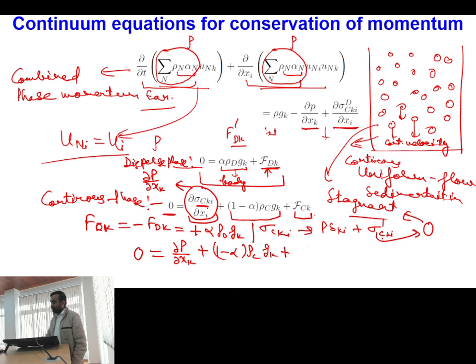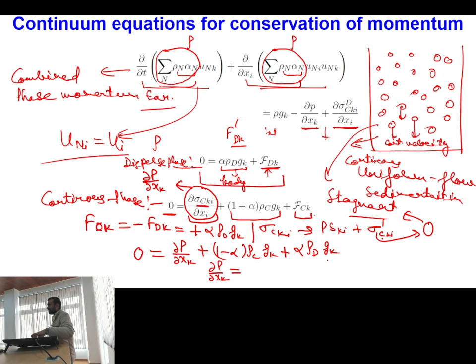So in place of F_CK, I can write alpha times rho D into g. Ultimately, del P by del x_k is equal to 1 minus alpha into rho C plus alpha into rho D, with g_k taken common.